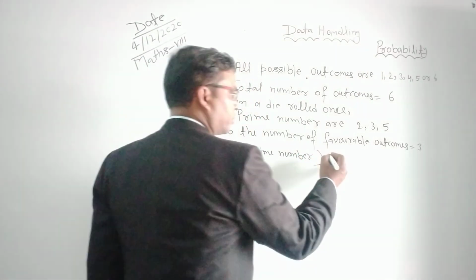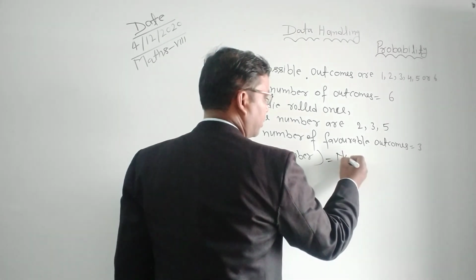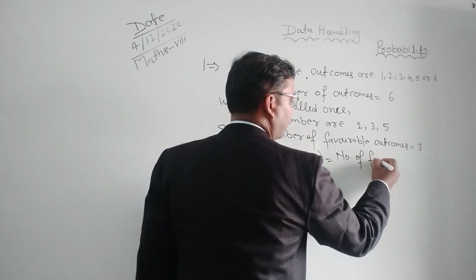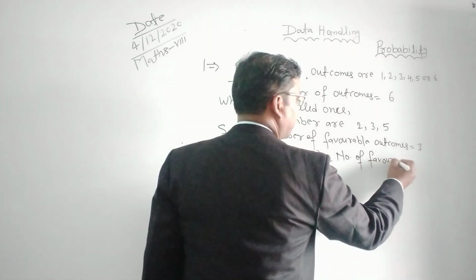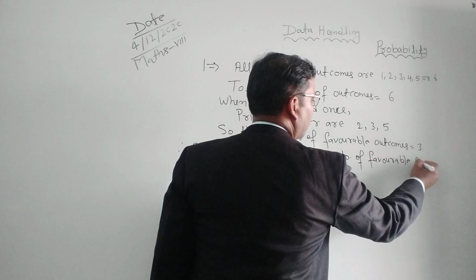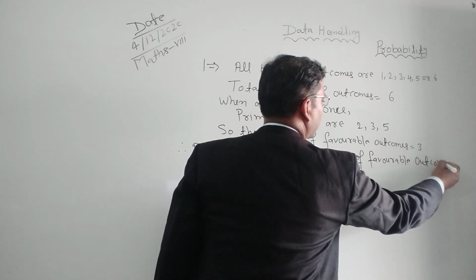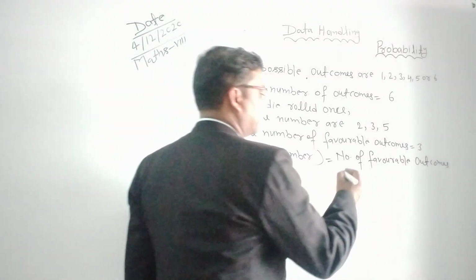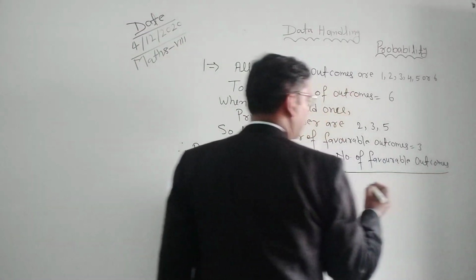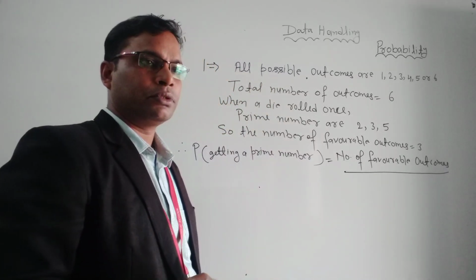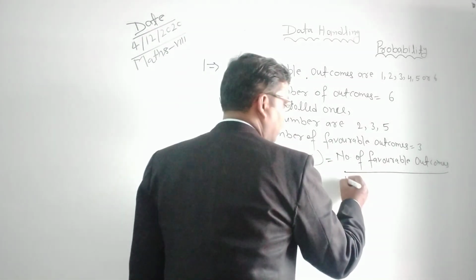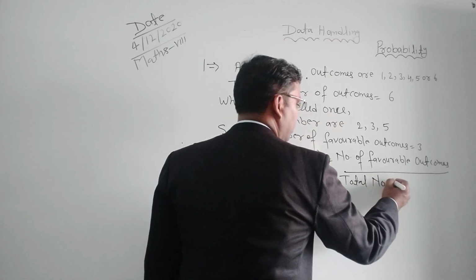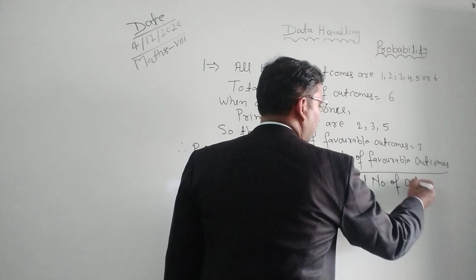So you write this is equal to number of favorable outcomes by total number of outcomes.